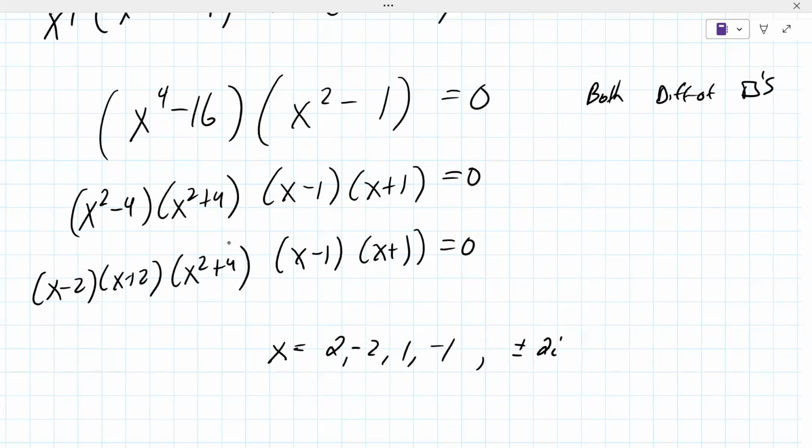So they do want you to do all of them. Yeah, I think they want us to do all of them. So x equals 2, minus 2, 1, minus 1, and then plus or minus 2i.